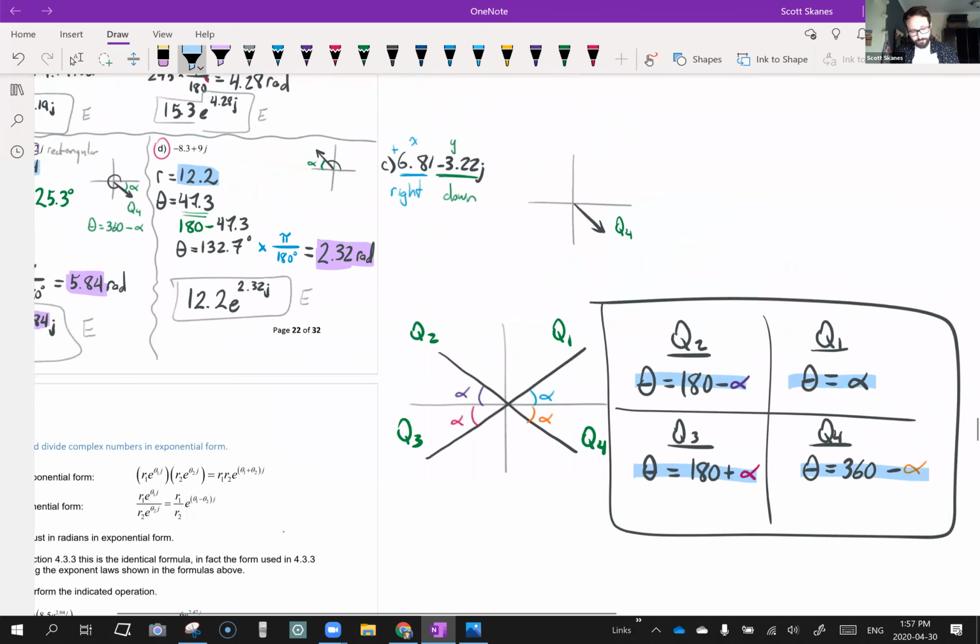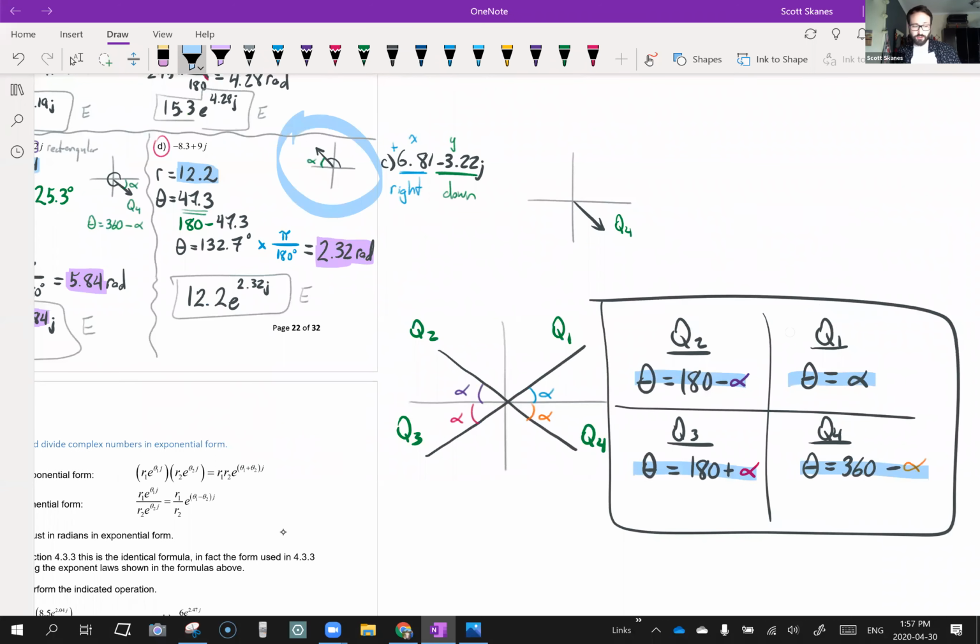So for example, I had quadrant 2 in my previous question. That's this rule. So you'll notice that I had 180 minus my angle. I had to use that rule, which is this guy there. Okay, do you see what I'm talking about? Hopefully that is somewhat clear.